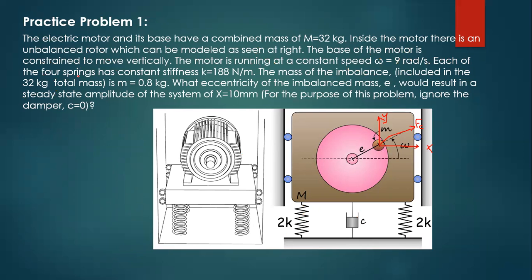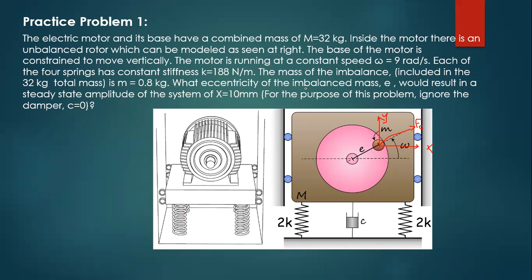Each of the 4 springs, so there are 4 springs, spring 1, spring 2 behind, spring 3, 4. So we can model them as 2K, 2K because there are 4. The 4 springs have constant stiffness K = 188 Newton per meter. The mass of imbalance, included in the 32 kg total mass, is 0.8 kg. So this eccentric mass is 0.8 kg.